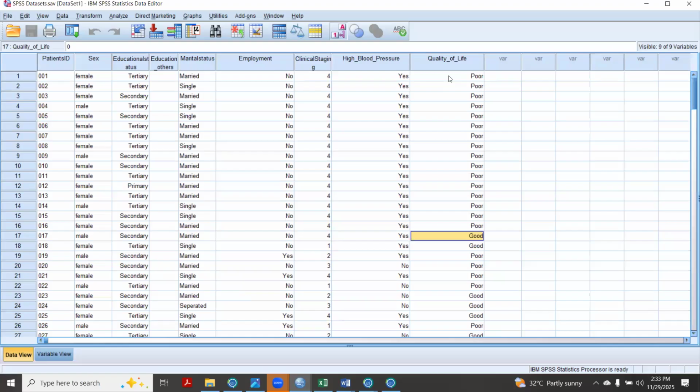The value that you are interested in, the other one would be your reference value. But we don't usually bother when we are using a variable that has two values because your interest is one, then the other one would be your reference value. But when you have more than one value, then you can specifically choose your reference value.